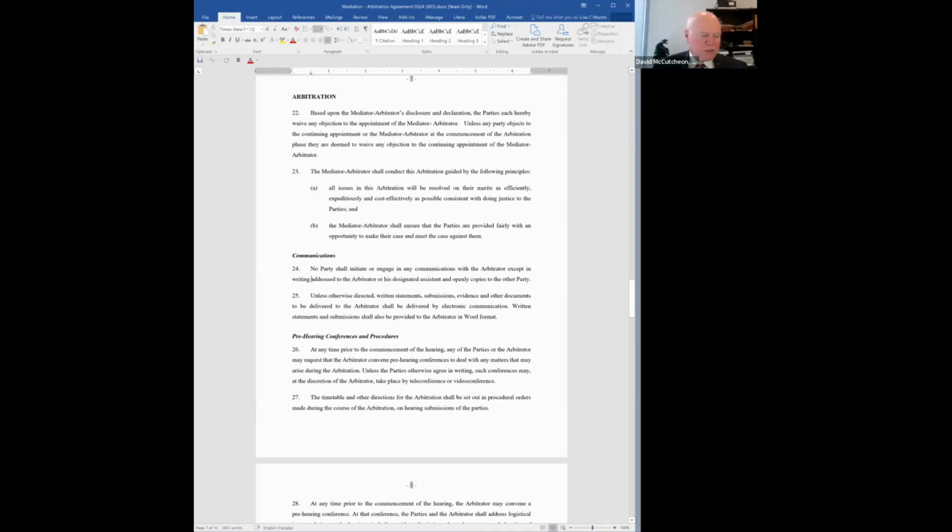The Med ARB rules, and I was on the committee that drafted the rules, we recognized that this process might be Med ARB Med, it could be any number of things, but nobody could agree, there wasn't a consensus on the committee about whether to address those directly. So we decided that we would proceed with what we thought was the plain vanilla version of Med ARB, which is mediation first and arbitration second, and try to get the principles right for that so that people could go back to those rules and use them or adapt them if the parties wanted a more sophisticated process.